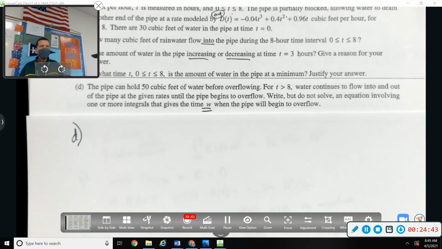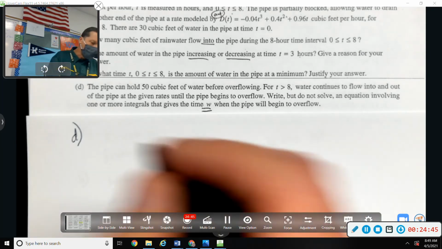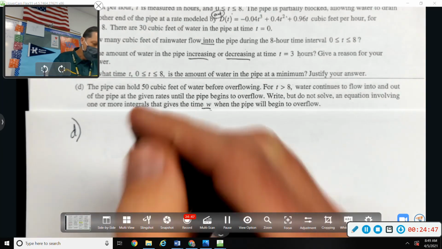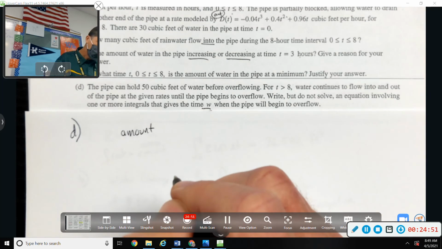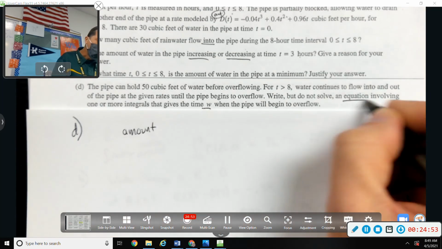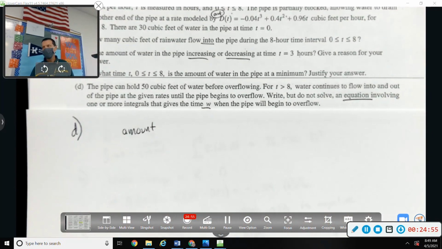So it'll begin to overflow when the amount equals 50. And it says equation, so it doesn't want an inequality. So I don't want it greater than or equal to 50. Let's just say when it equals 50.